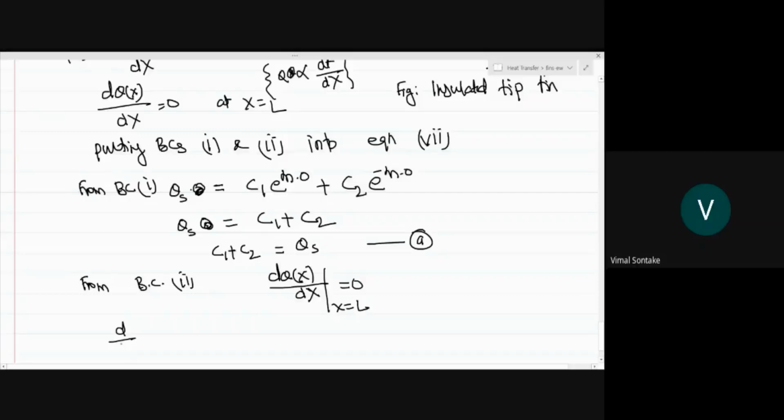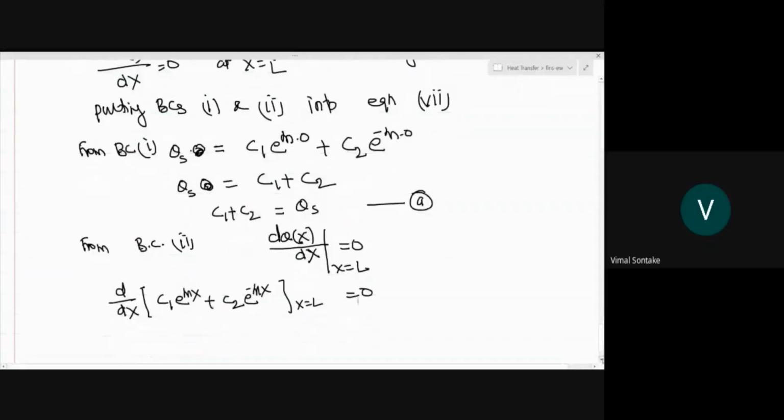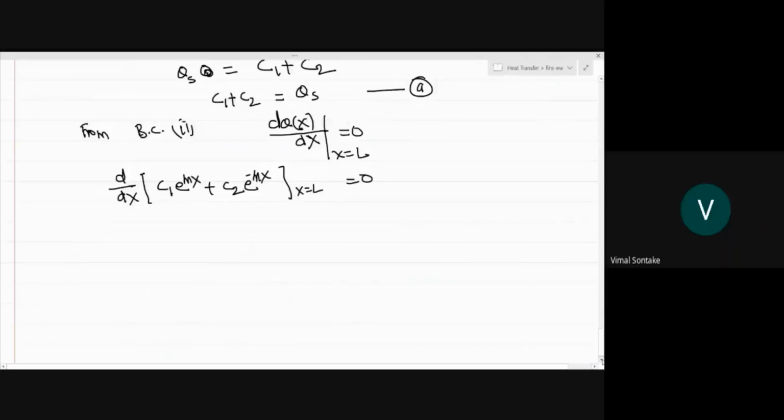d over dx, an expression for theta x is C1 e to the power mx plus C2 e to the power minus mx. At x equal to L, it will become 0. Because this is nothing but equation number 7, this is the value of theta x.